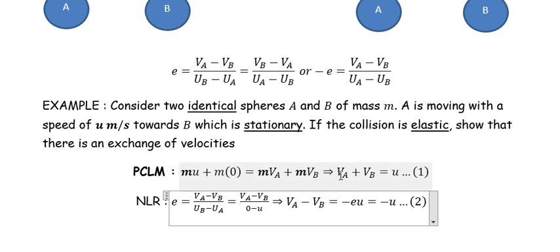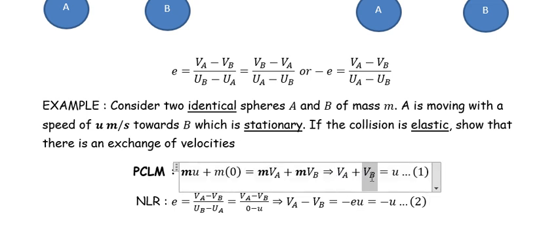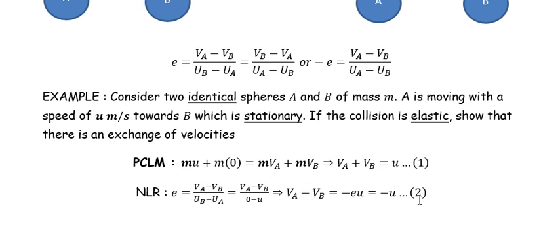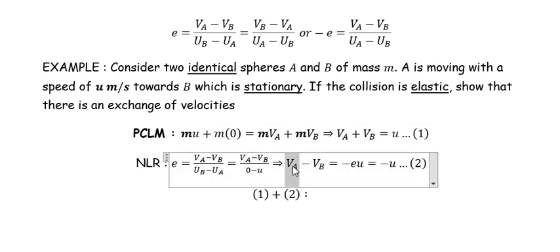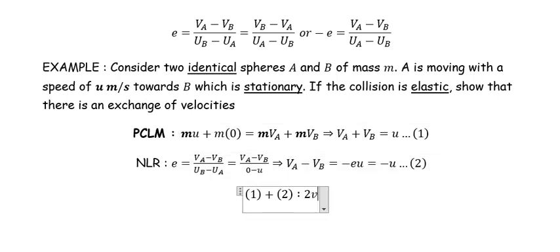Now the objective is to find VA and VB at the end of the day. So we can solve these two simultaneous equations by elimination. If I take equation 1 plus equation 2, VA will add up with VA to give us 2VA.